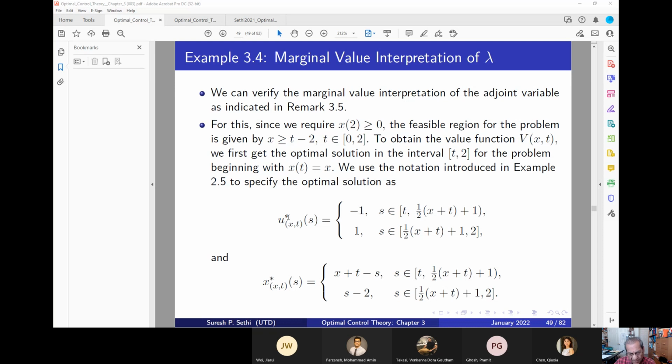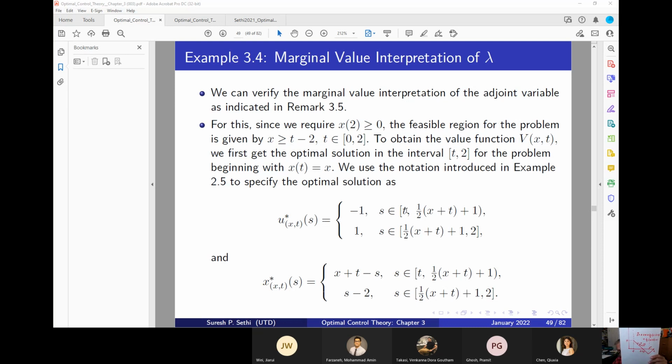So I have u star of x, t, s is -1. Basically, I'm saying it's -1 up to here, and then +1 from here to there. So u star of x, t, which is the initial condition, and s, which is the time, is -1 for s going from t, all the way to this point, which is going to be half of x plus t plus 1, which I computed right here.